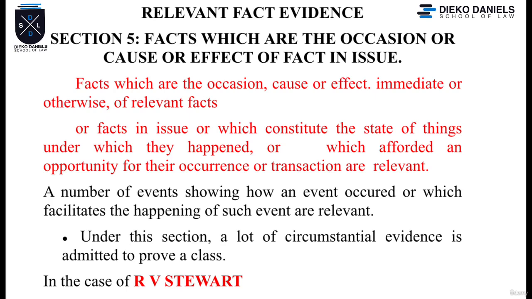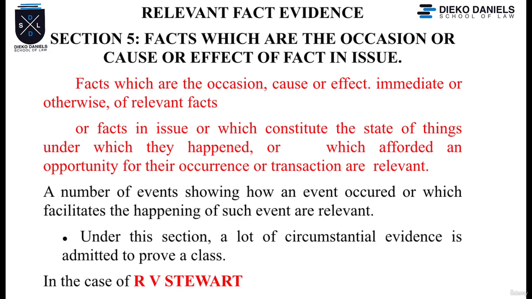I would explain this. Let us look at the rules in this section. A number of events showing how an event occurred or which facilitate the happening of such events are relevant. Under this section, a lot of circumstantial evidence is admitted to prove a case.